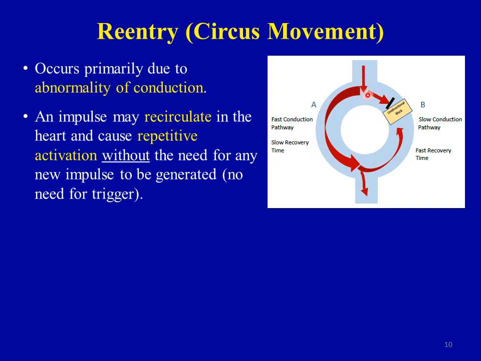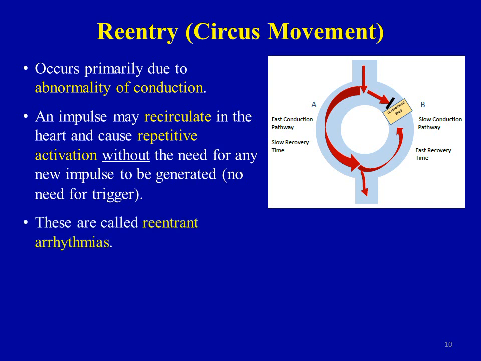The impulse will travel through the slow conduction pathway because it has a fast recovery time, so now it is excitable, and will go down until here where the two pathways meet, and then it will pass down to the ventricle, for example, and also back through the fast conduction pathway because now it has recovered from the refractory period. So the impulse will go through pathway B to pathway A, and this will cause continuous movement of the action potential, or the circus movement as the name shows.